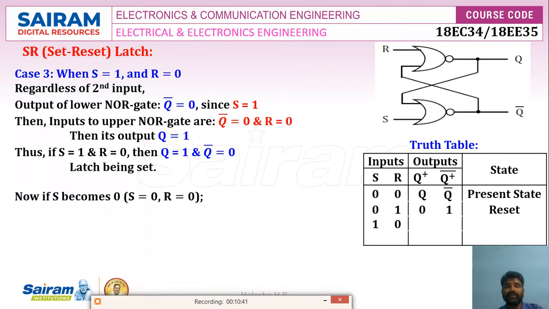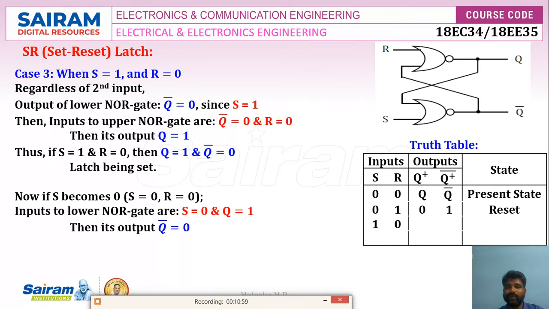Again, if now S becomes 0, Q is equal to 1 and Q bar is equal to 0. Q is equal to 1, which is connected to the lower NOR gate. So the inputs to the lower NOR gate are S equal to 0 and Q equal to 1, so its output is 0. Q bar is equal to 0, the same thing we got. Again, this Q bar equal to 0 is connected to the upper NOR gate.